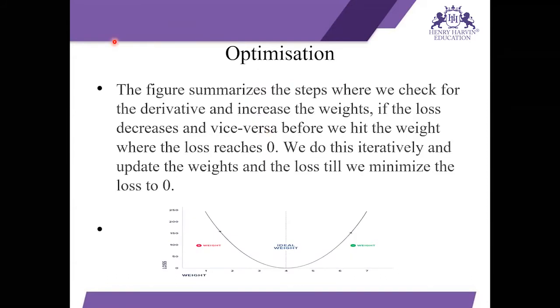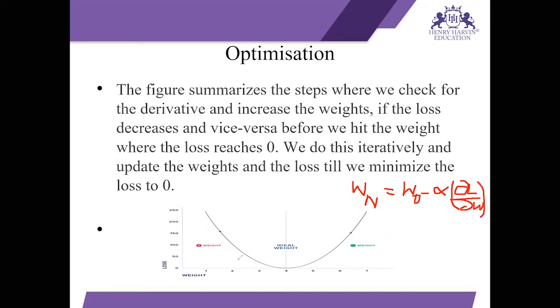So that is where we are trying to understand the learning rate. In the sense, what we will try to do over here, we will be having some old weight as well as the new weight, right? So what I'm writing now, I'm trying to find the new weight, which is equal to the old weight minus learning rate into dou L by dou W, which is nothing but the slope of this, right?